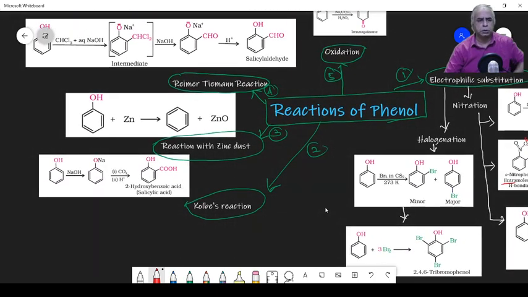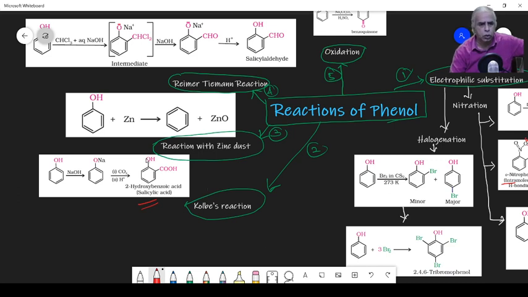So Kolbe's reaction, here phenol is treated with sodium hydroxide, so that you are able to get sodium phenoxide, and further it is subjected to reaction with carbon dioxide followed by protonation, that is acid hydrolysis, so that you are able to get orthohydroxybenzoic acid. This is also called salicylic acid.